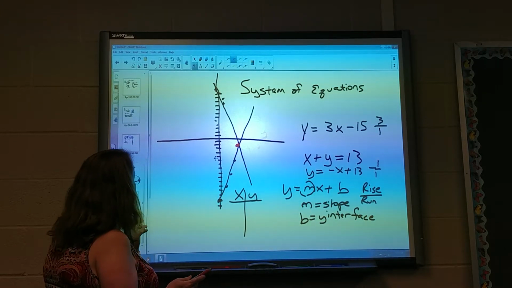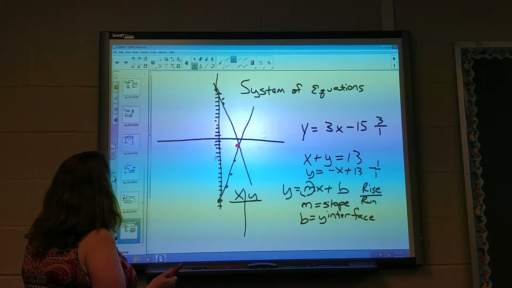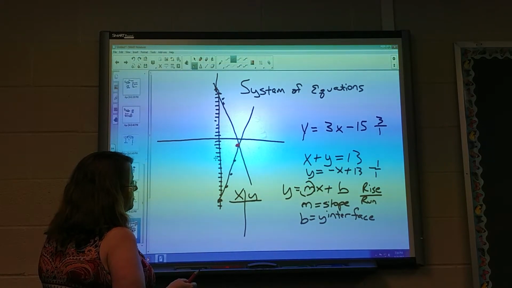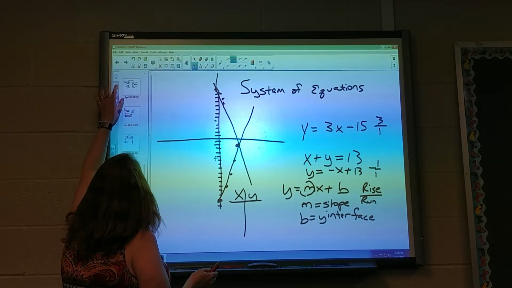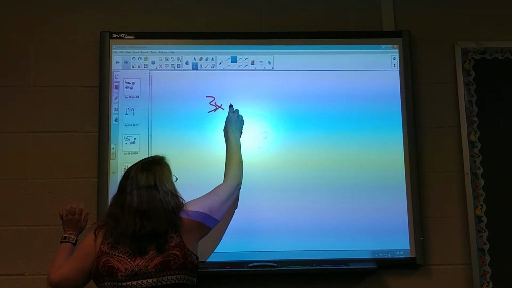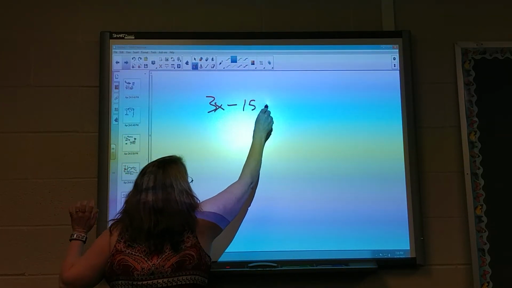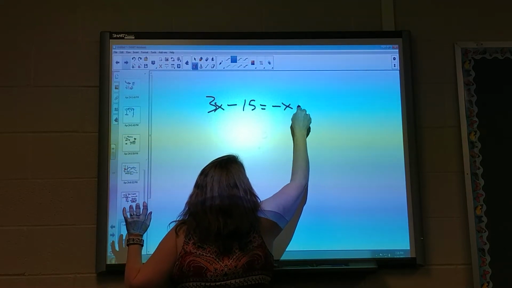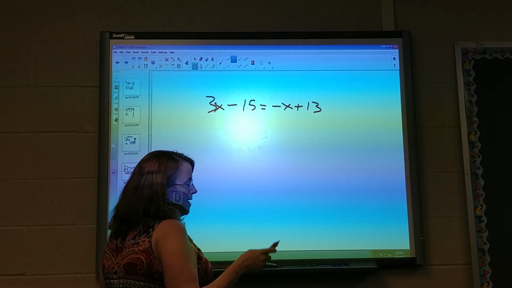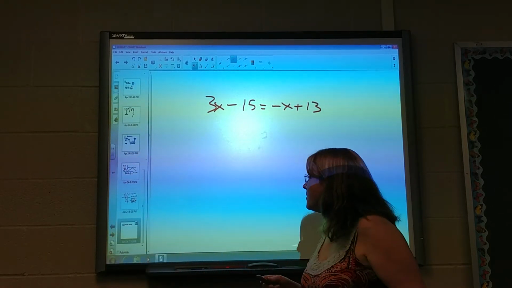So I'm going to change pages. 3x minus 15 equals minus x plus 13. This was a y, this was also a y, and y's equal each other.